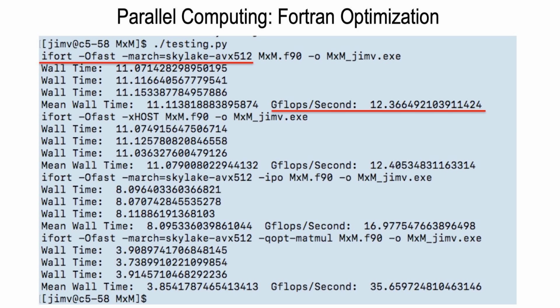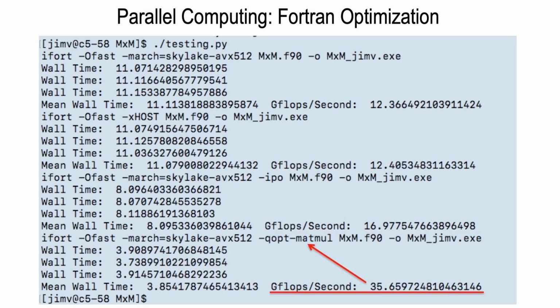When running the Python script on a compute node, we observe that the options we utilized in our previous video still yield a performance of approximately 12 gigaflops per second. We notice that the xhost option achieved similar performance as employing the march option. We observe that the IPO option increases the performance to about 17 gigaflops per second, but the matmul option achieves the best results.